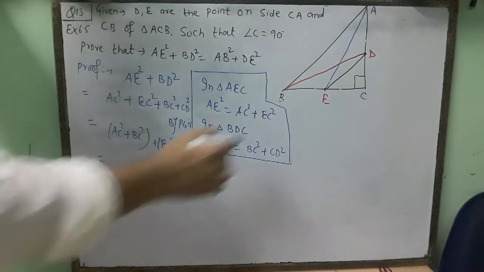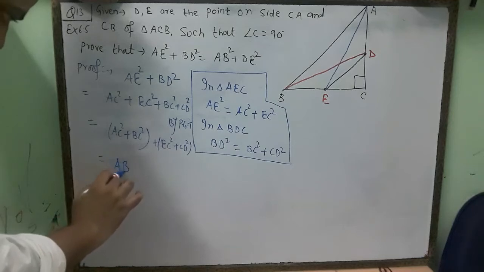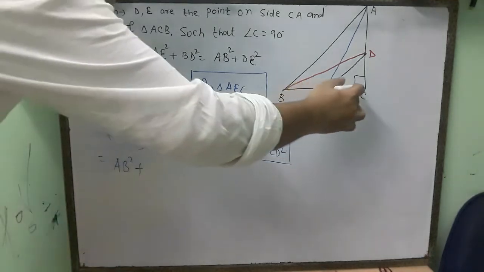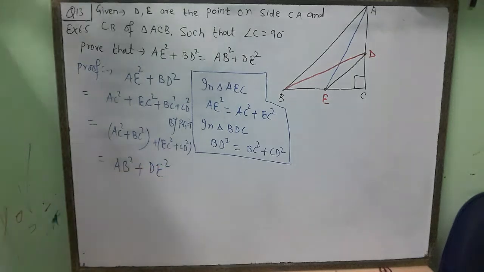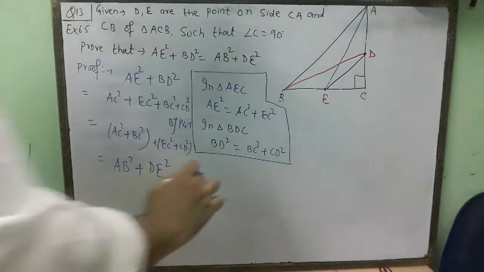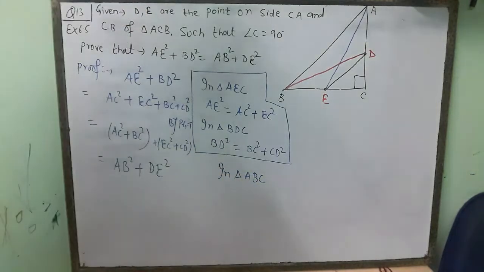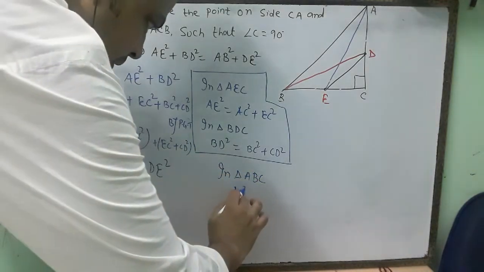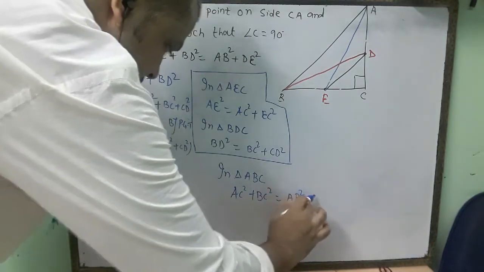Now analyze the thing. AC square plus BC square will be AB square. EC square plus DC square will be DE square. In triangle ABC, AC square plus BC square is equal to AB square by Pythagoras theorem.